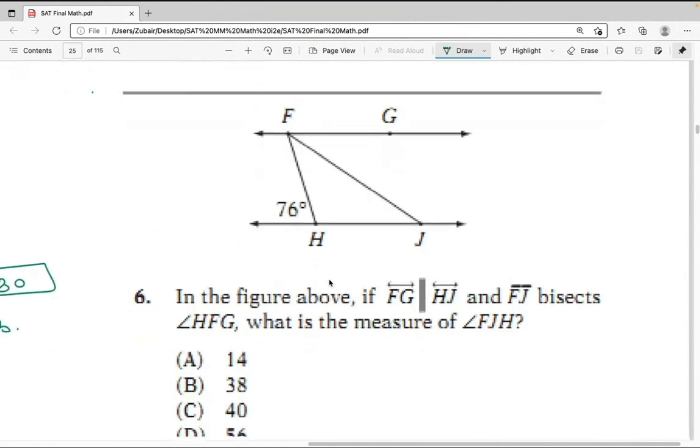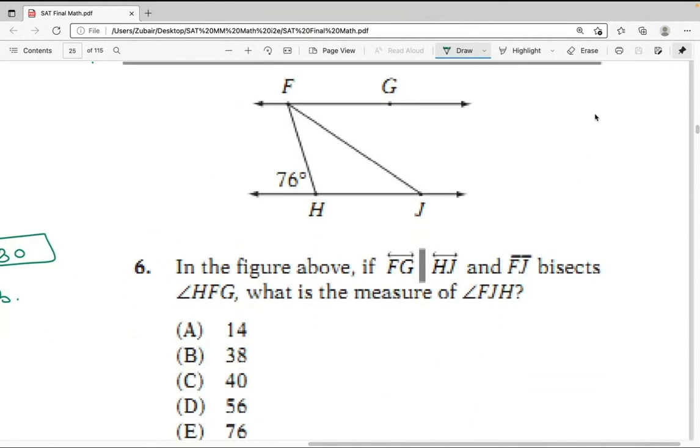Try question number 6. Sir, would it be 38? Correct.